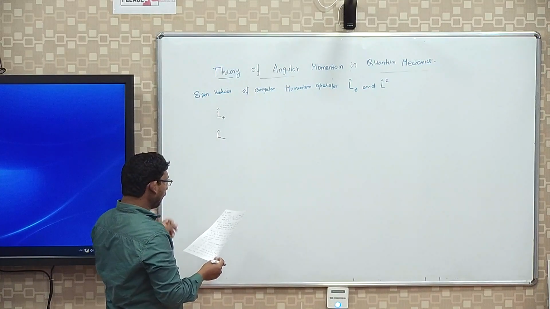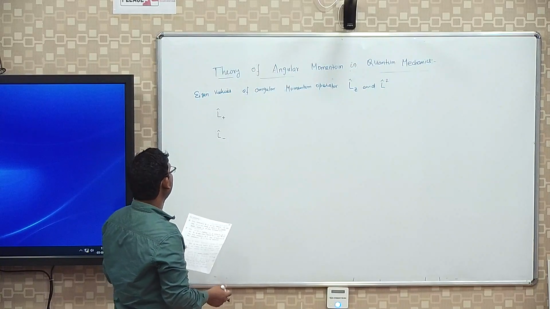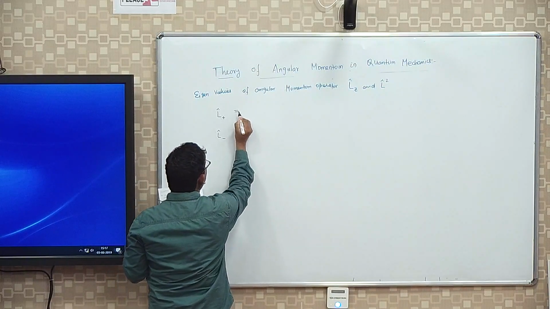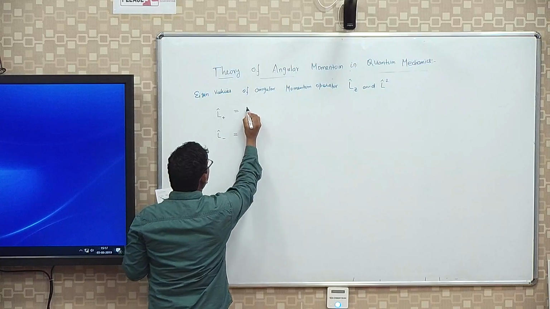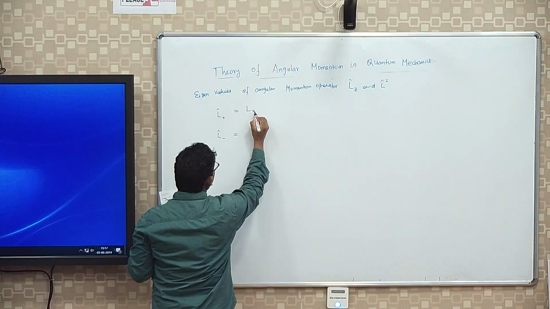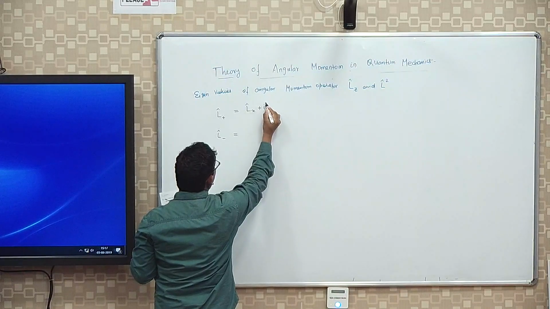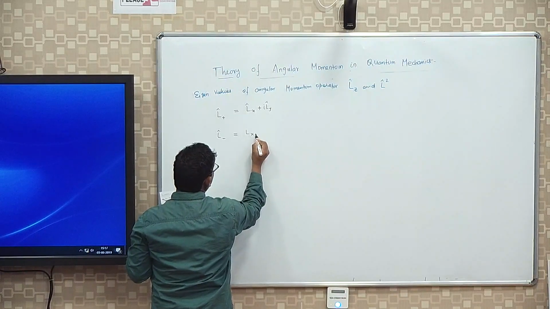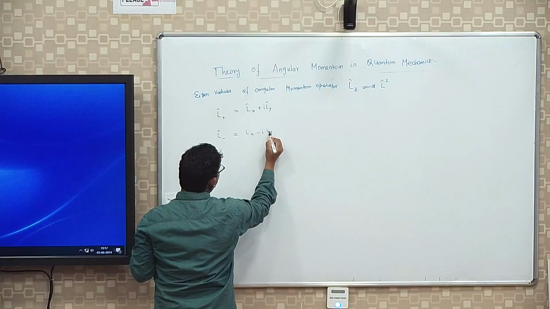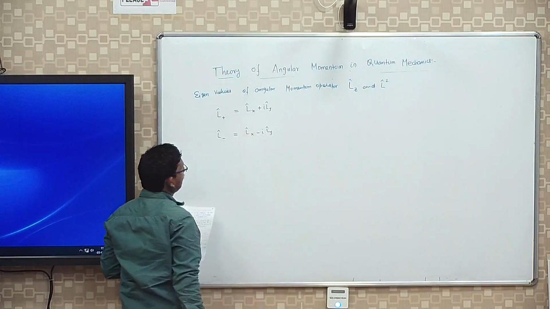These two operators: L plus is nothing but Lx plus iLy, and L minus is Lx minus iLy, its complex conjugate.